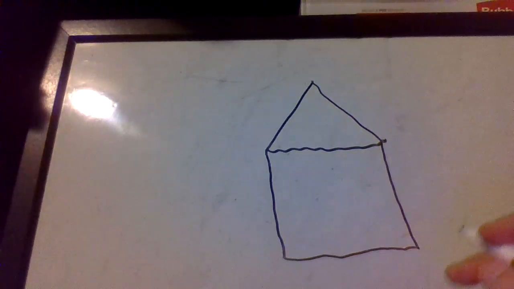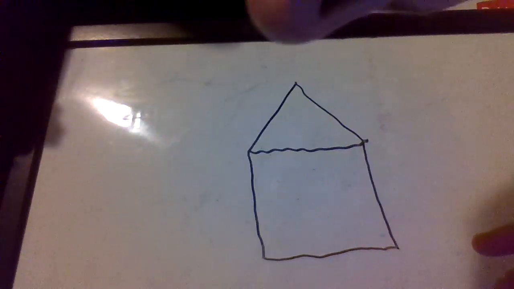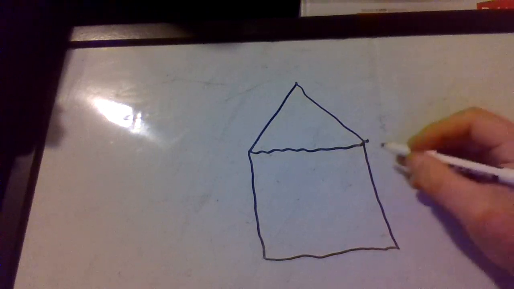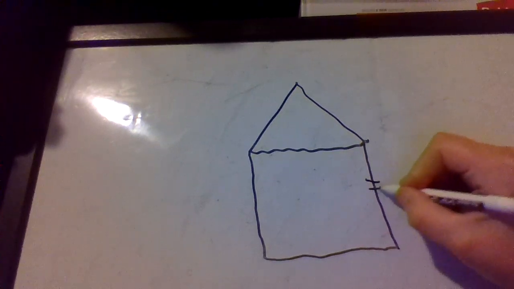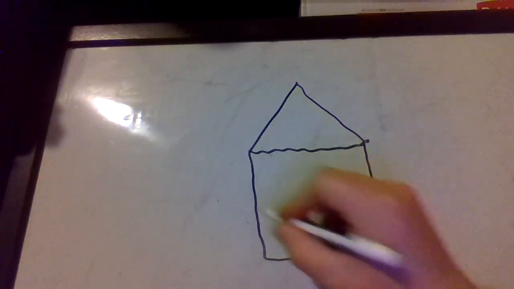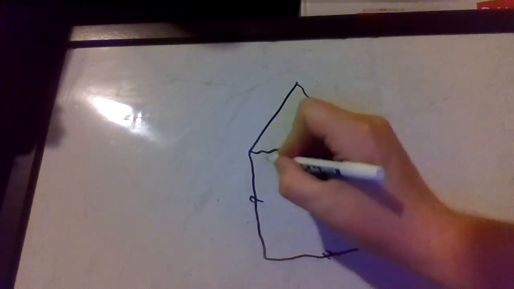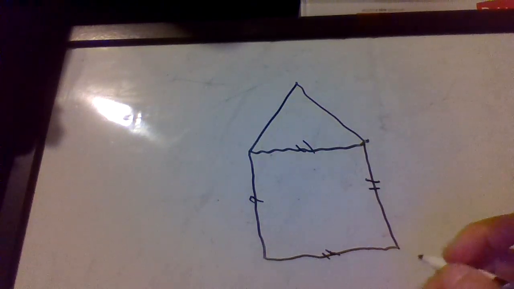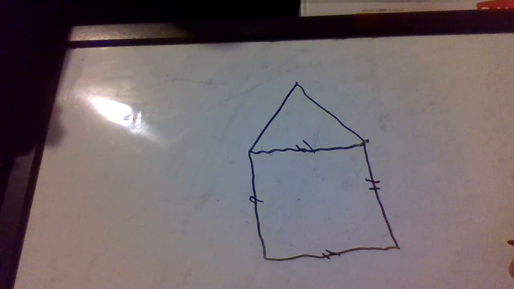Okay. So we look, that looks like a house. All right. So we're going to assume this is a square. And what makes a square? Four sides, and they're all the same.